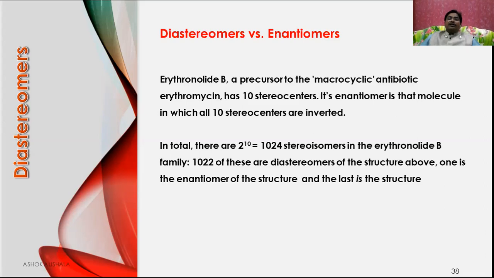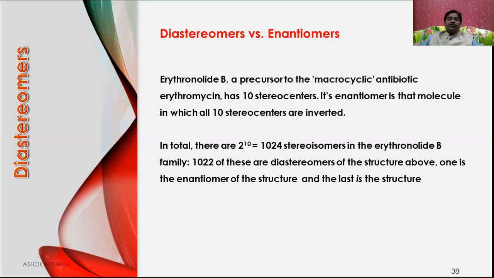As I told you already, if there are n stereocenters, there are 2 to the power of n stereoisomers. Erythronolide B has 10 stereocenters, so it has 2 to the power of 10, 1024 stereoisomers in the erythronolide B family. 1022 of these are diastereomers of the structure above.